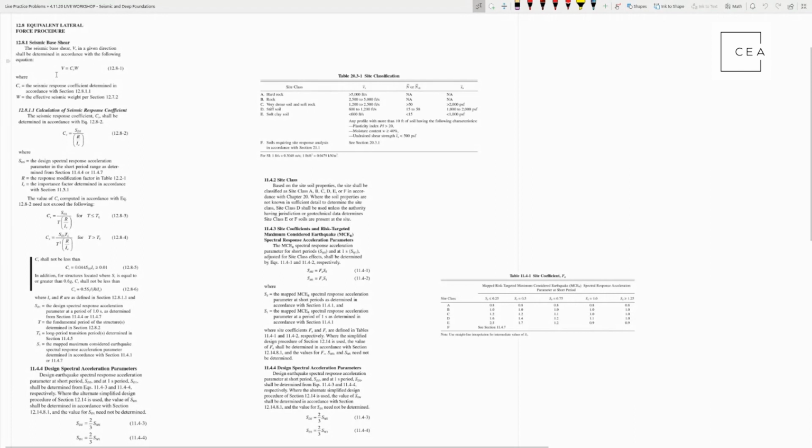If you liken what we're trying to solve here to F equals MA, we're finding a force that's hitting the building at that very ground level. You're taking some earthquake information that we're going to plug into the Cs value, and we're going to multiply it by W, which is basically the weight of the building, the effective seismic weight.